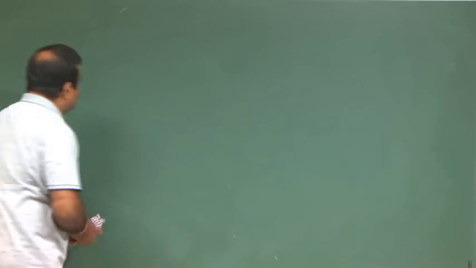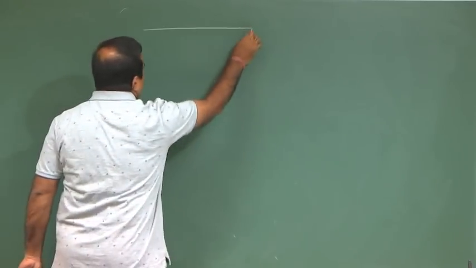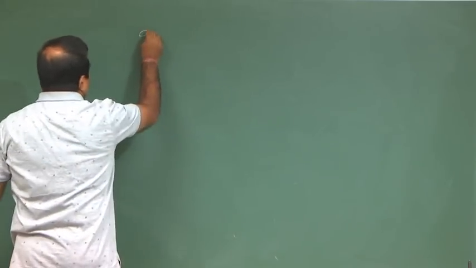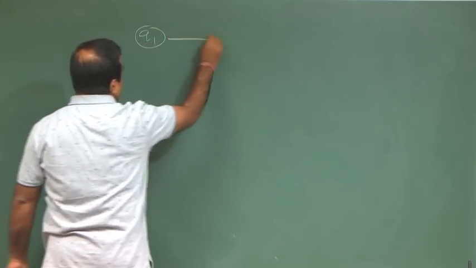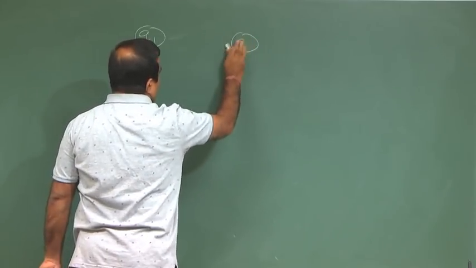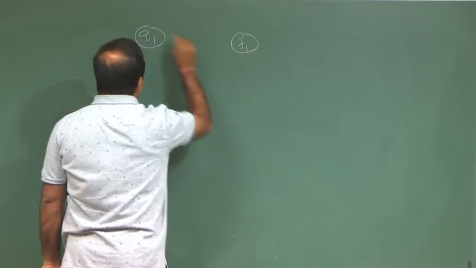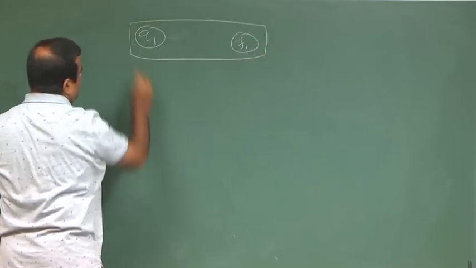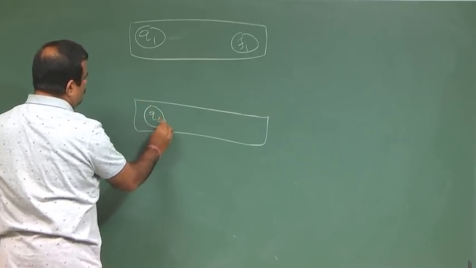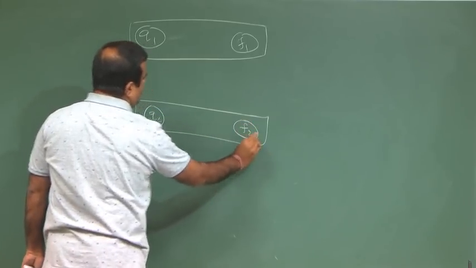We are constructing a new ε-NFA by taking M1 and M2. This is not a single state; there are many states over here, q1, f1, this is our M1, and we have M2 also, q2, f2.